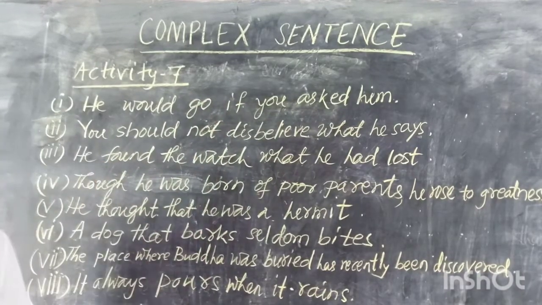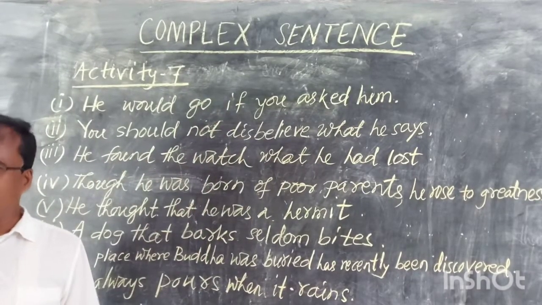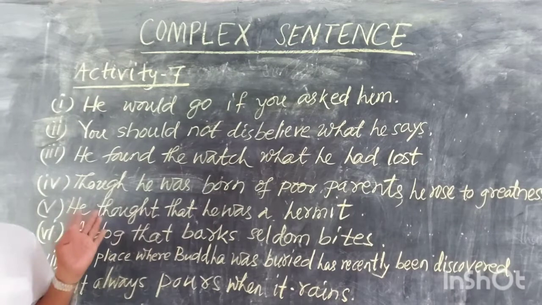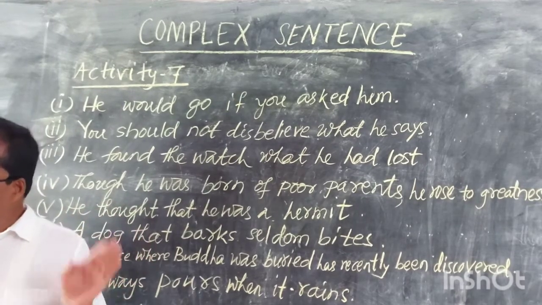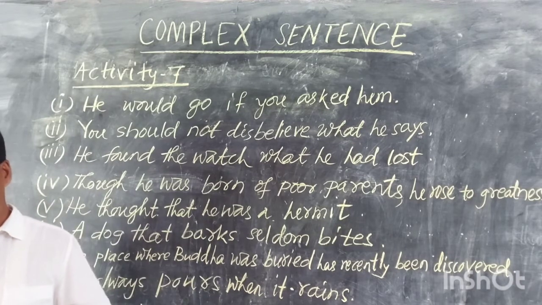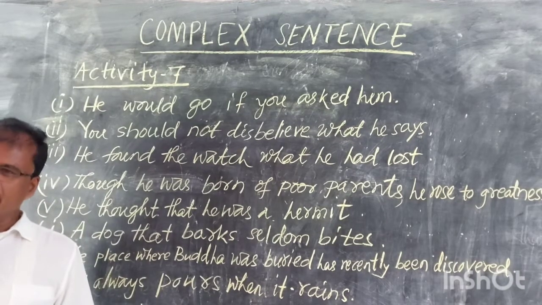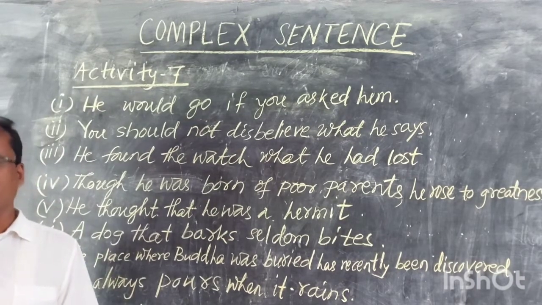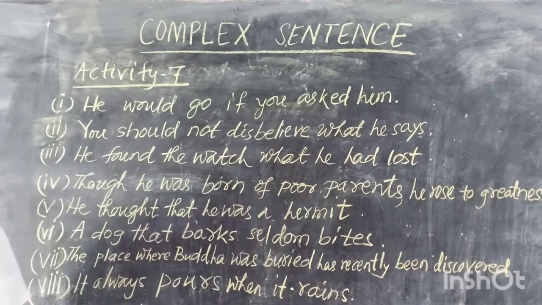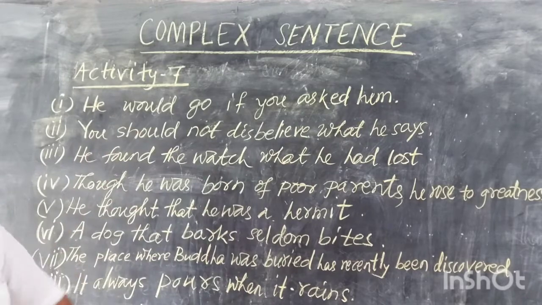What to do here? You have to identify the subordinate clause and the main clause. If we can identify the subordinate clause, the rest part is main clause. So, better you just identify the subordinate clause. Okay? So, number one, which is the subordinate clause?